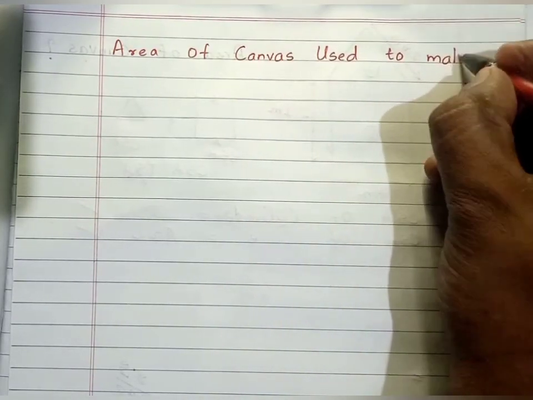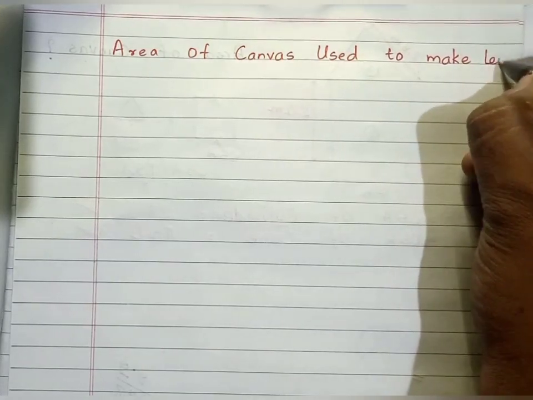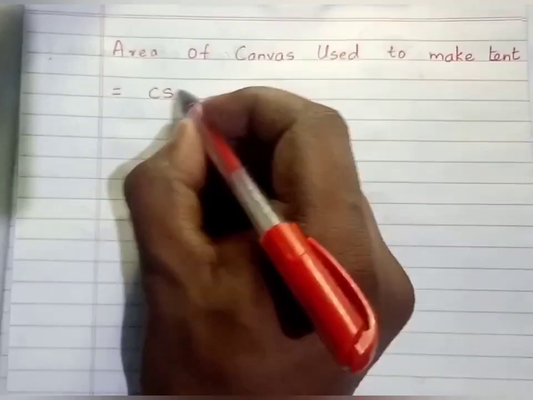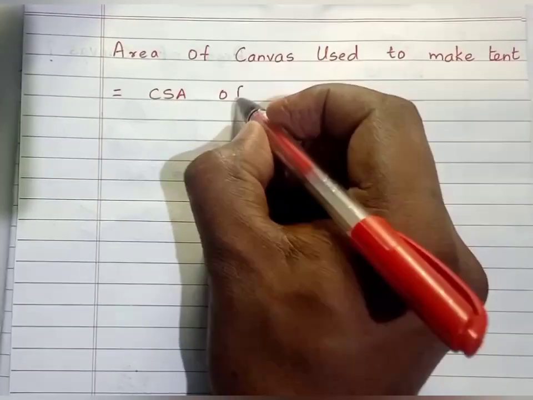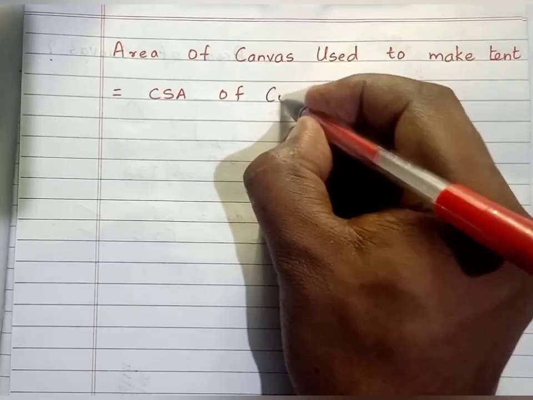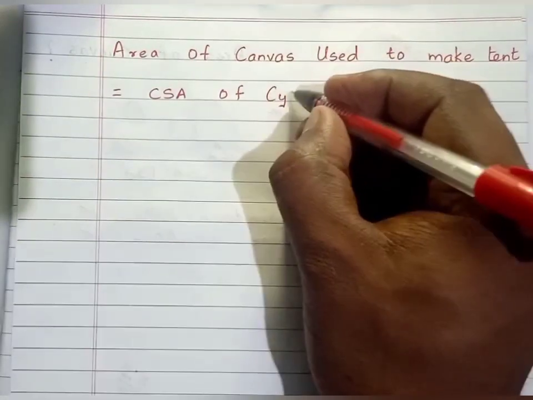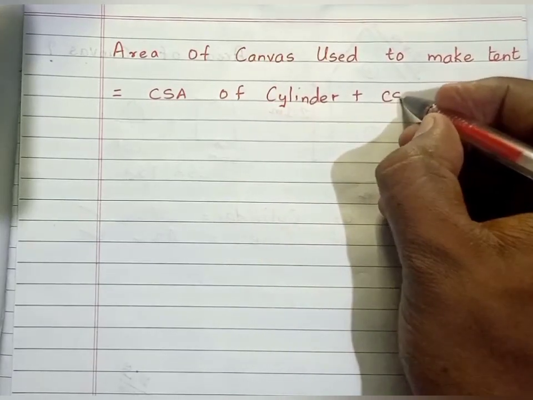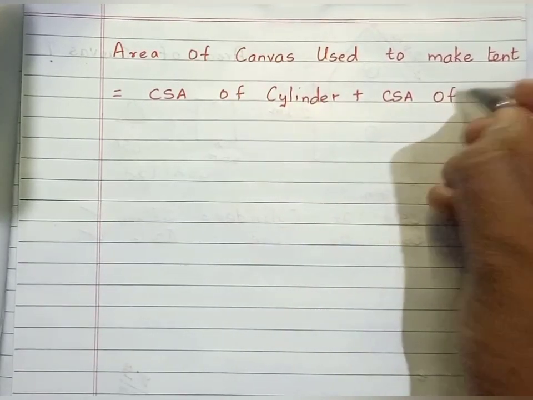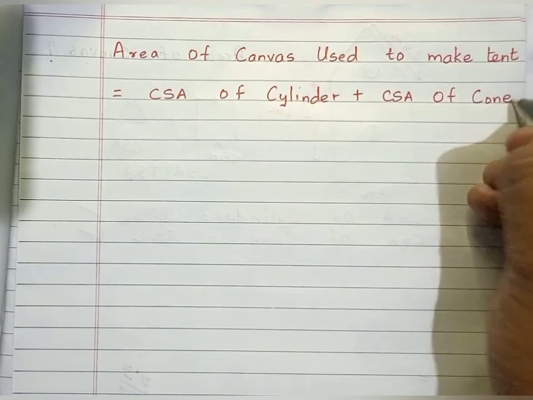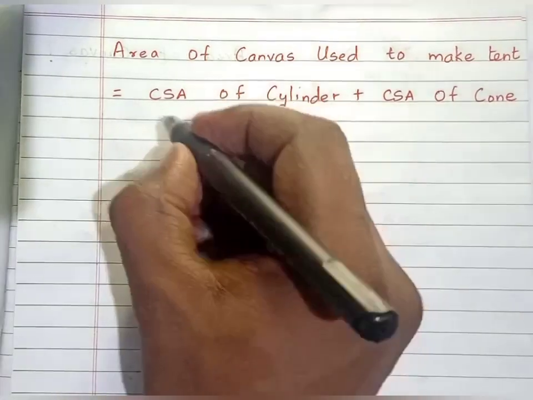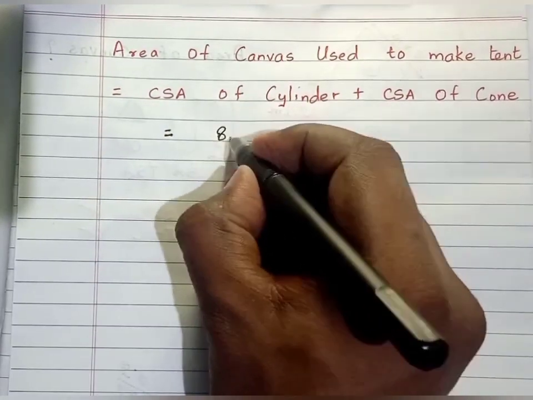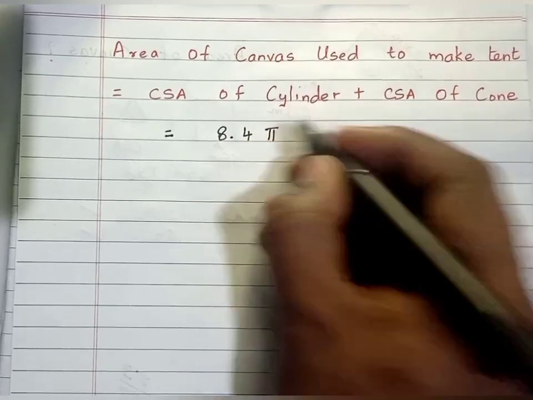Area of canvas used to make the tent equals CSA of cylinder, curved surface area of cylinder, plus CSA of cone. What is CSA of cylinder? We got it as 8.4 pi.